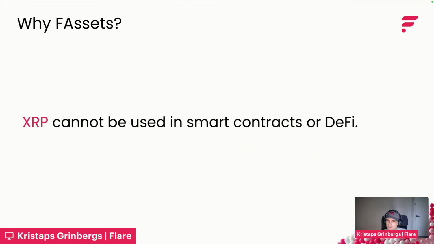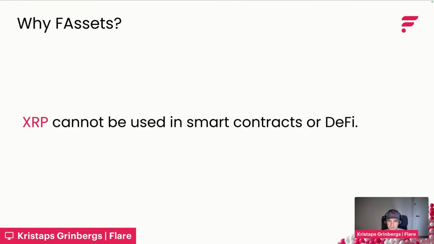But then there's the question of why FAssets. XRP is already there and there is some programmability with it, but XRP as it stands, in its simplest form, you cannot use in smart contracts or DeFi. That is a huge limitation for this vast asset class, which is basically just sitting and waiting.